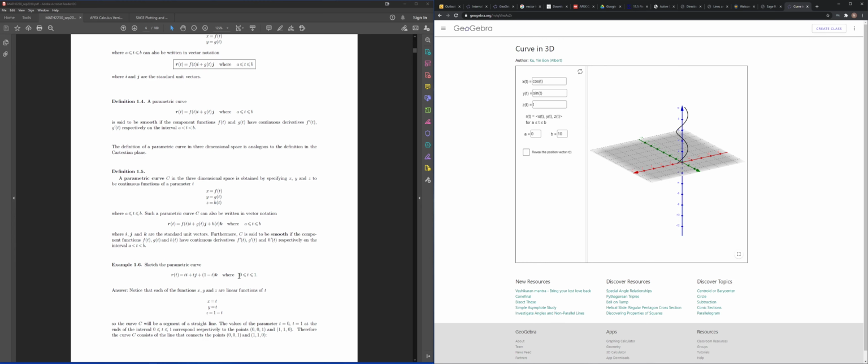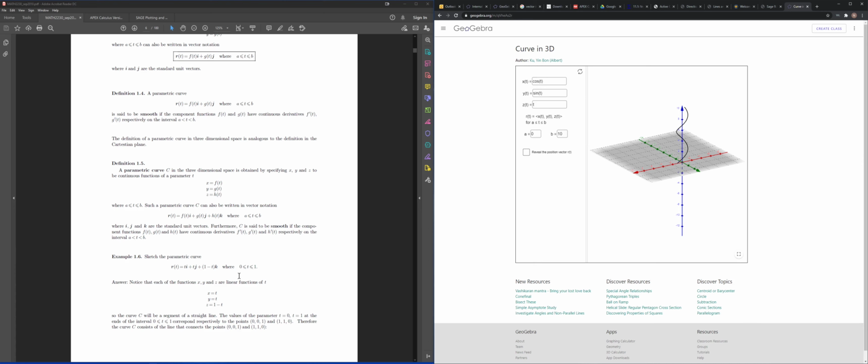Okay, so let's look at a specific example, right? This parametric curve over here is specified so that x is equal to t, y is equal to t, and z is equal to 1 minus t.